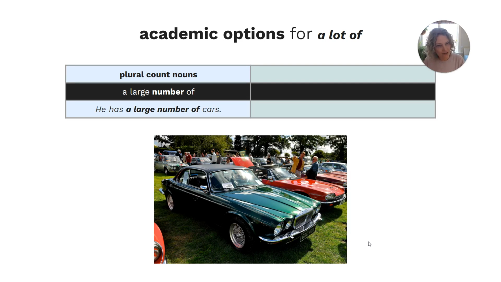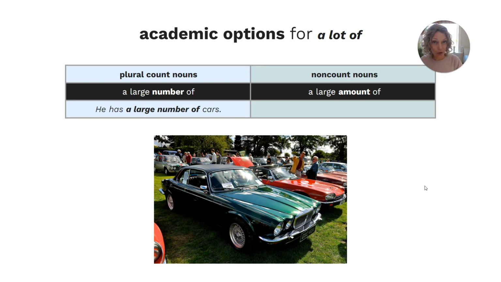A lot of cars is very informal. He has a large number of cars is more academic. So remember number as in 1, 2, 3, 4. So for the count nouns, which you can count, 1, 2, 3, 4, you use a large number of cars.